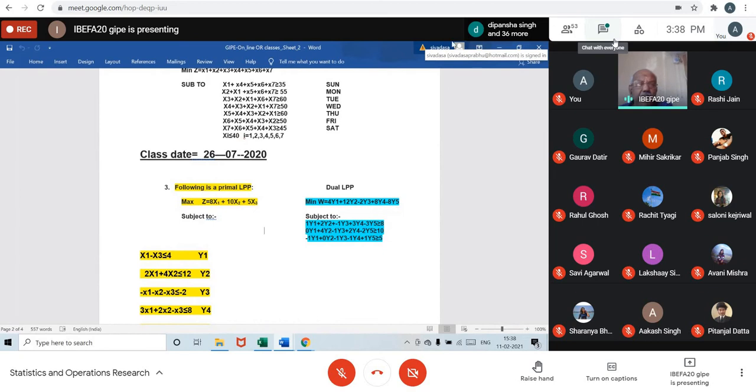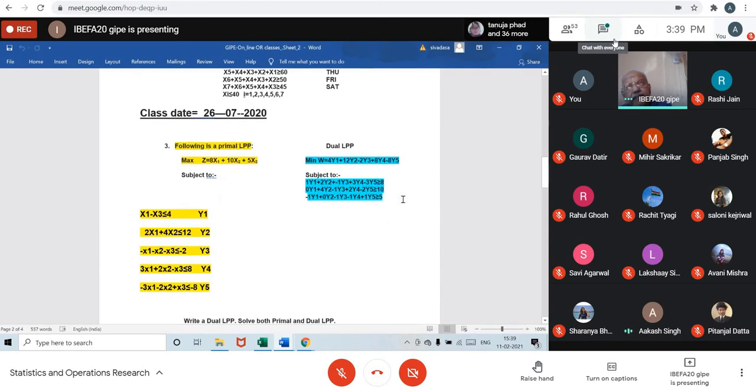So what is the variable number corresponding to dual and primal LPP? What is the relation between the number of variables in dual? How many variables will you decide? The number of constraints of primal. Correct.